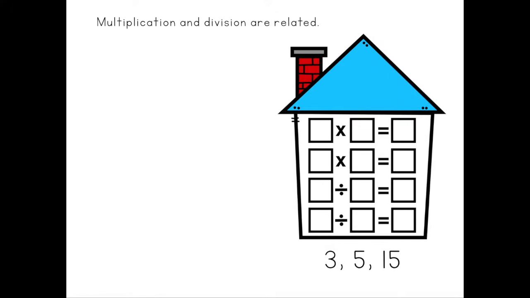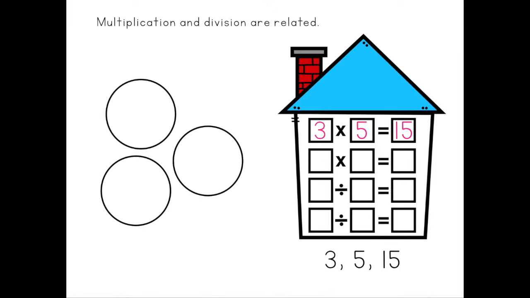Let me start off by putting some of these numbers into a multiplication sentence. 3 times 5 equals 15. Let me represent that multiplication sentence using equal groups. My first number is a 3, so I need 3 groups. 1, 2, 3 groups.